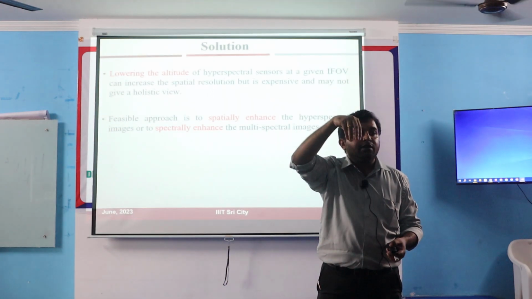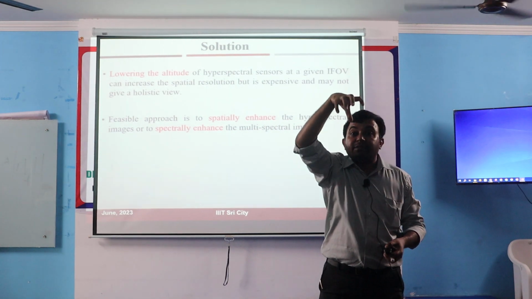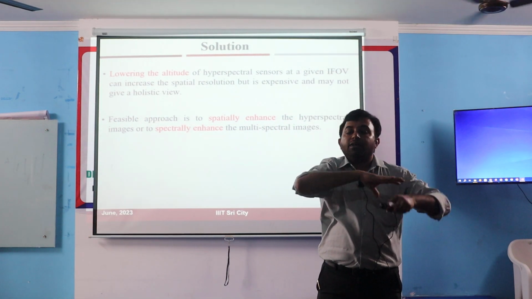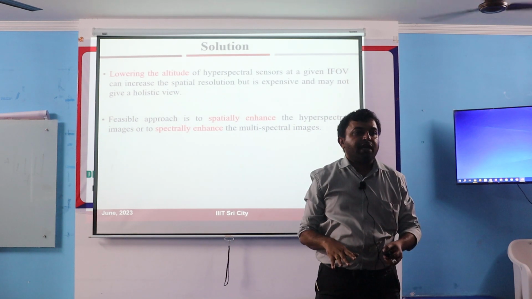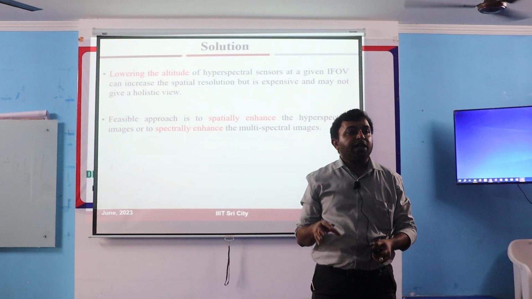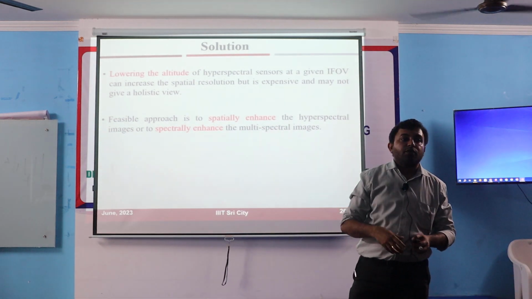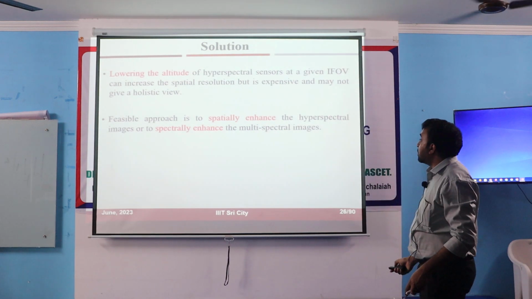It's not feasible to always have a drone flying over an area. The feasibility is a problem. Another thing is that it will give you a wide area view. So these two aspects demand the use of Earth observation or remote sensing satellites, which take a photograph of the Earth's surface.